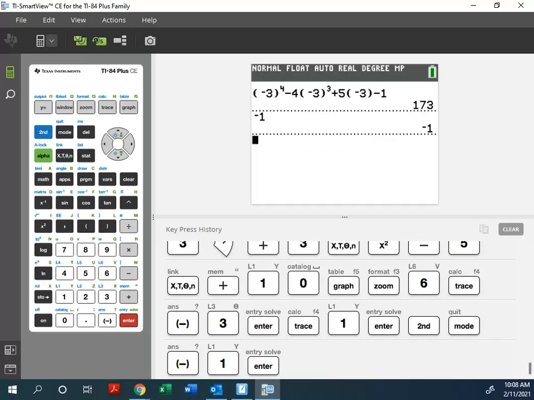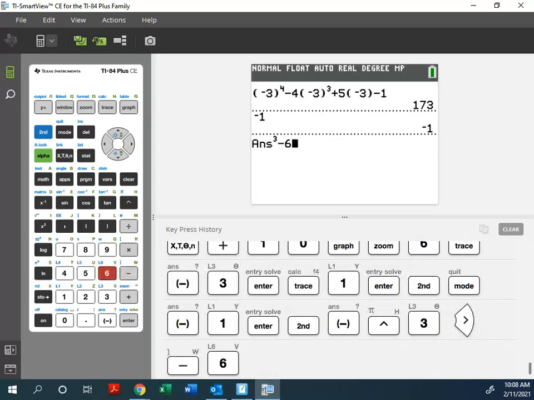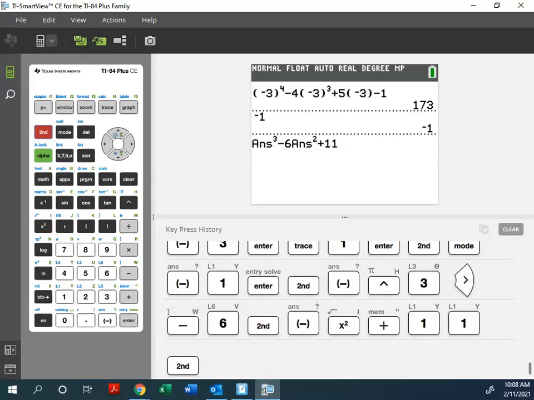Then I write the equation as answer cubed minus 6 times the answer squared plus 11 times the answer minus 6. As we know, it takes the last answer it calculated, so this saves me having to write this out 4 different times.